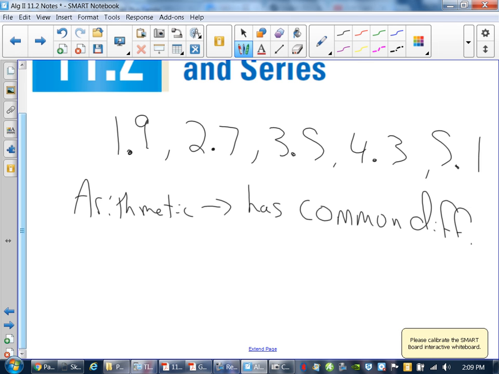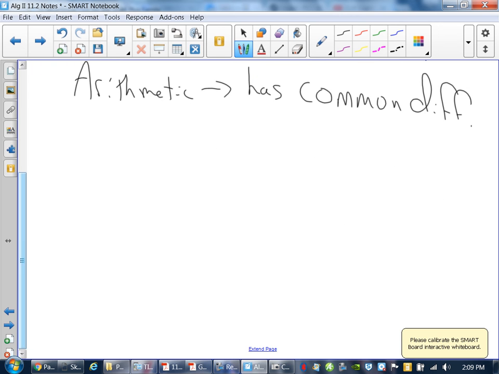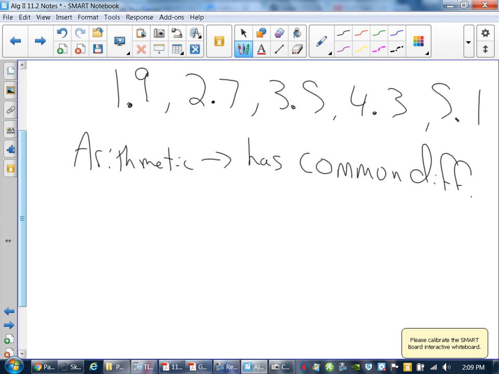Now, what we do here when we write out what's called the general rule for an arithmetic sequence is that we have this formula. The nth term in an arithmetic sequence is always going to be defined by the first term plus the number that you're looking for minus 1 times the difference.